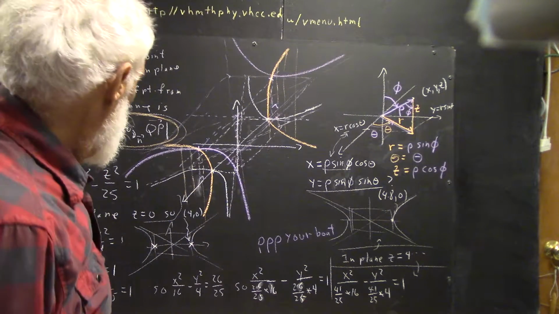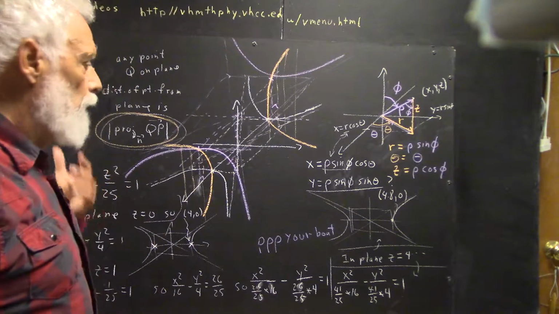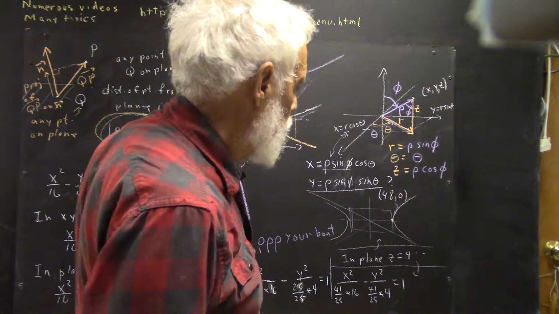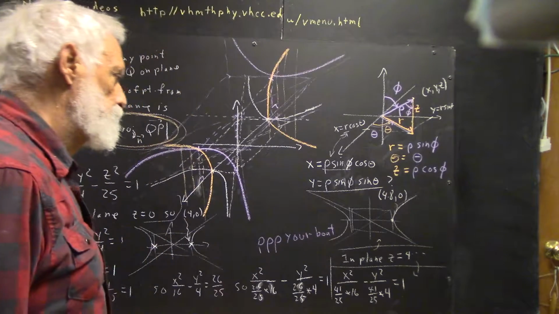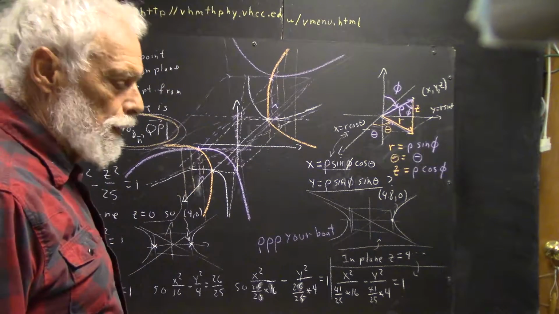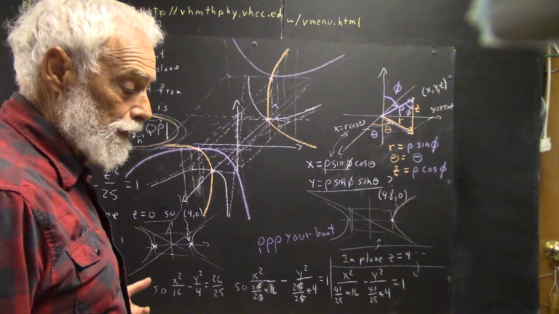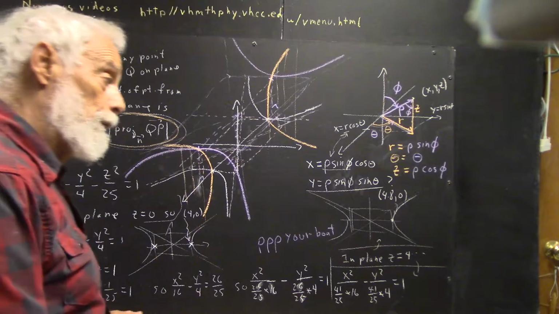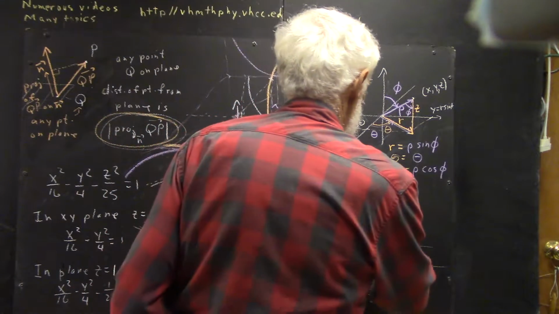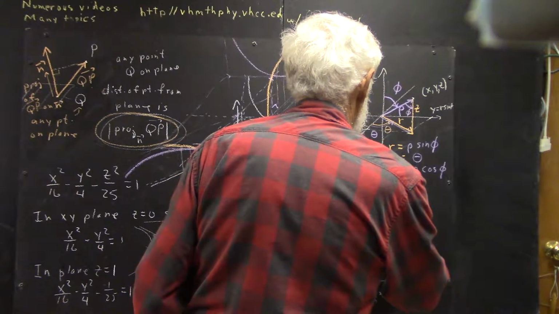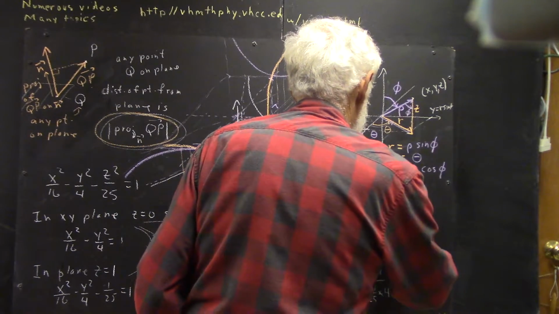Okay, now we want to construct the hyperbola in the plane z equals 4. I said this is 4.8. If I do the square root of 1.6, it's a little less than 1.3. 4 times 1.3 would be 5.2. So this really should be 5.2, 5.1, let's say.